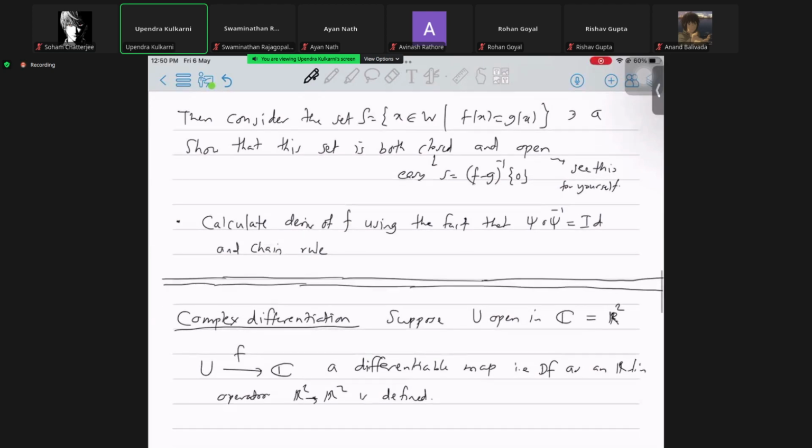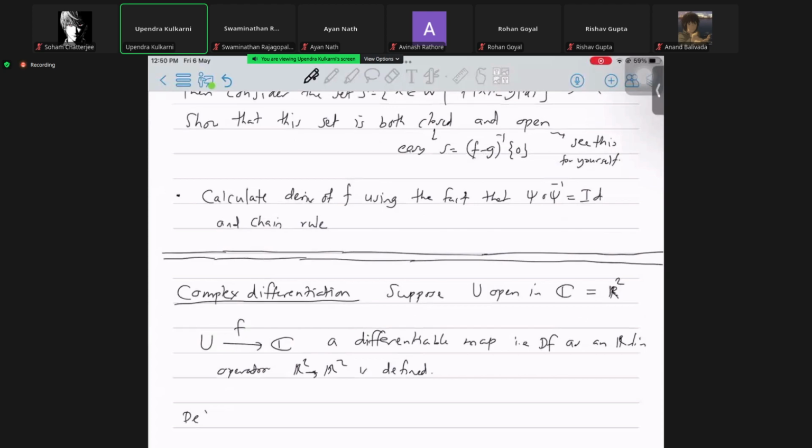So nothing new is happening over here, right? It's just as before. However, now because complex numbers are a field, if I recall the definition of the real derivative of a function from R1 to R1, the exact same definition can be made over here as a separate definition, and it makes sense.